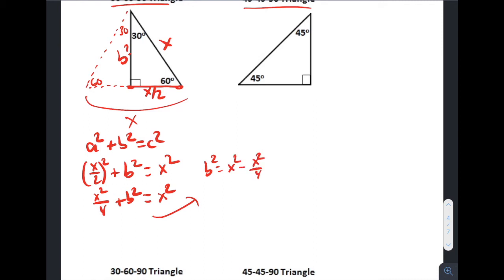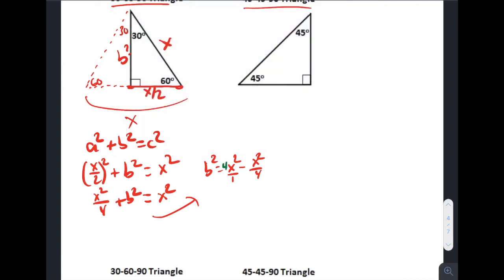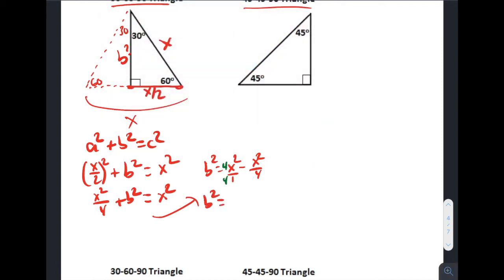And similarly, if I'm going to be able to combine these, they need to have the same denominator. So this is technically like x squared over 1 right now. What I'm going to do here is multiply by 4 over 4. And so now we get that b squared is equal to 4x squared over 4 minus x squared over 4.